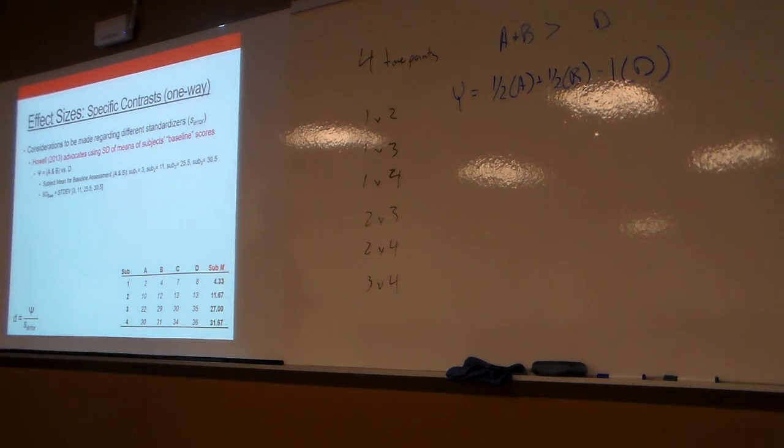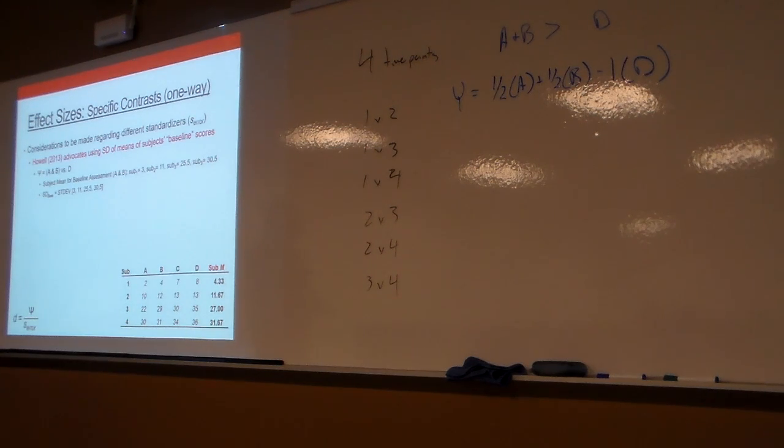And so what Howell is suggesting is you take the average score of each person across the two baseline assessments and then take the variability, or the standard deviation, of those average points across people. So we take the standard deviation of the combined baseline and use that as the standardizer. It's a little bit funky, but it makes some conceptual sense, right?